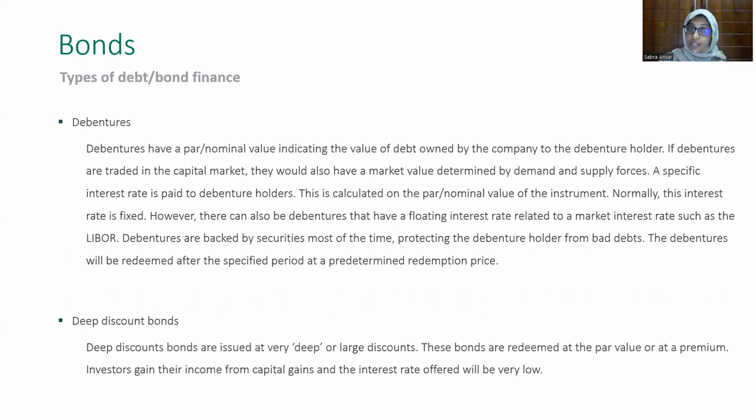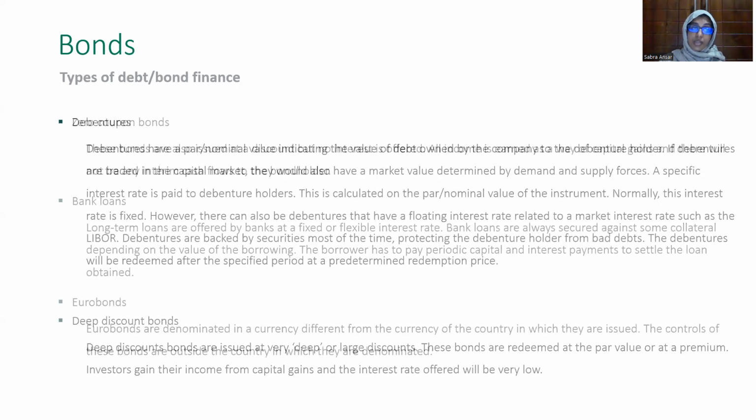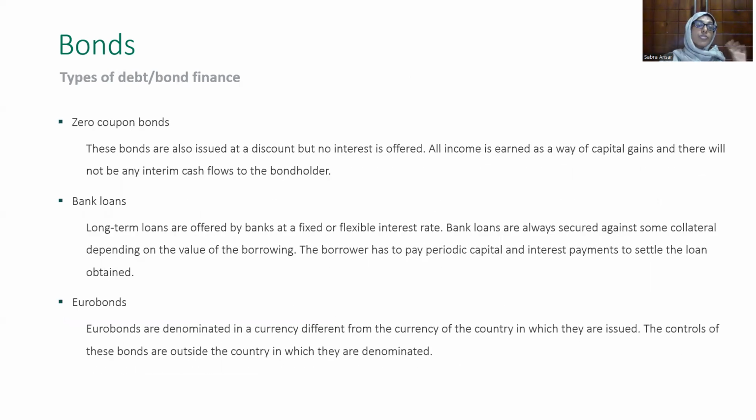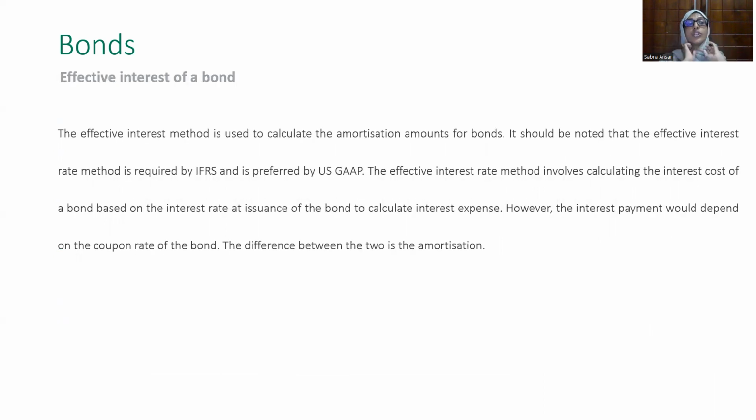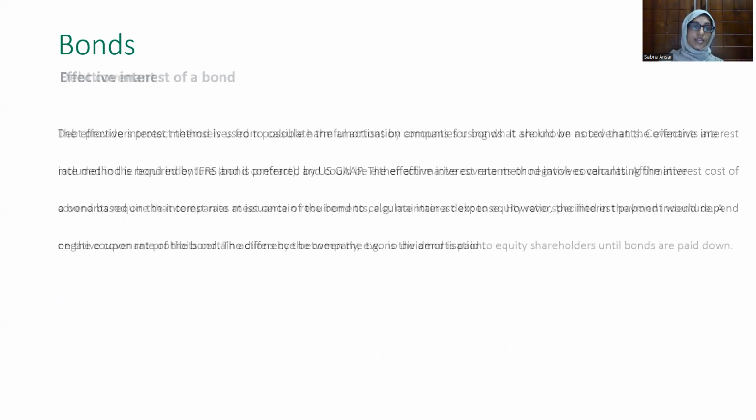Then we spoke about debt finance and different types of debt finance, where we spoke about what a debenture is and what a deep discount bond is. We spoke about zero coupon bonds, then bank loans and eurobonds. And lastly, we talked about convertible bonds as well as convertible warrants. And then we moved on to the effective interest of a bond. We spoke about how it is preferred by US GAAP as well as IFRS.